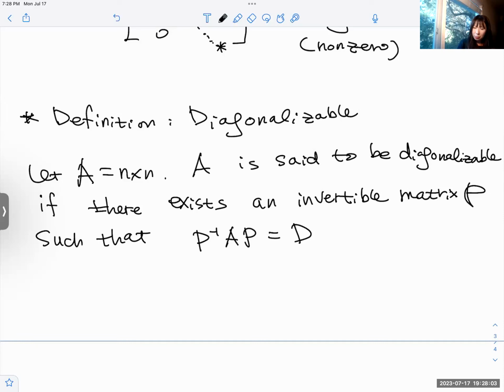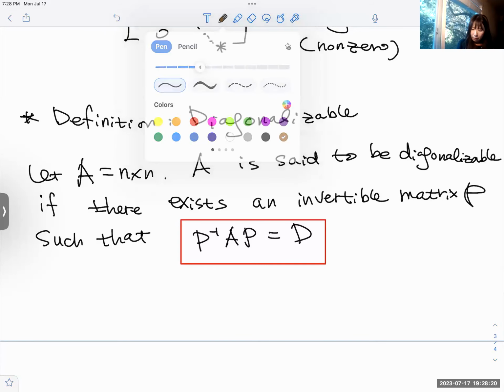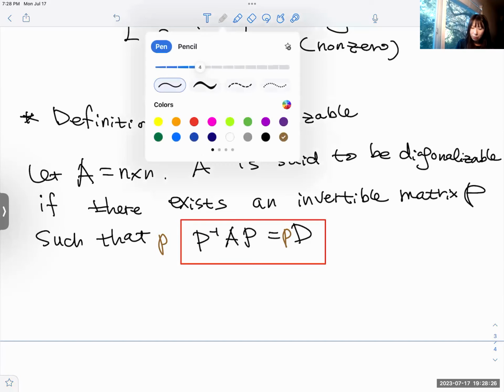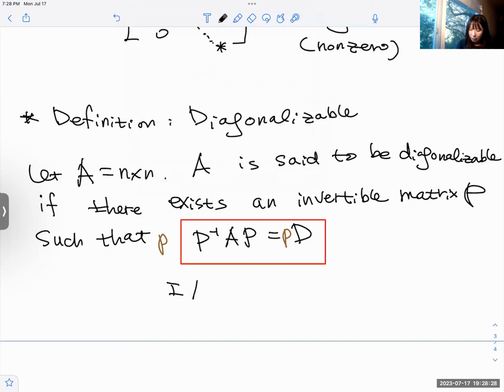Also, we can express this one. If we have this one, we can multiply P on the left side, then we get I, right?